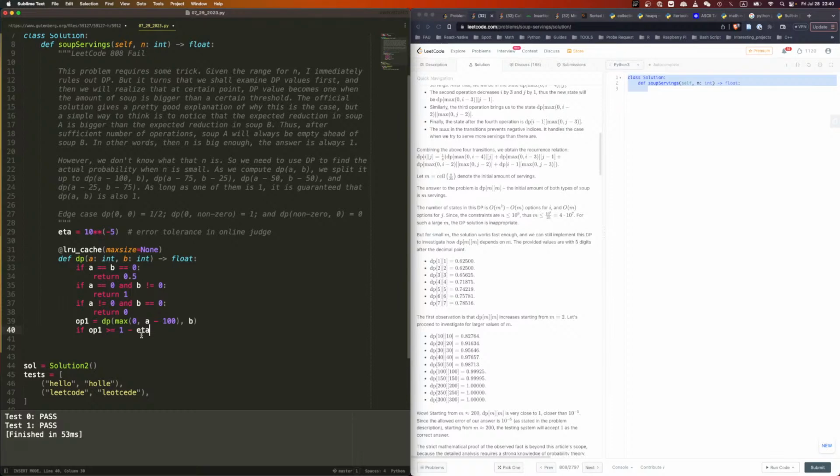Yeah, basically 1 minus this is smaller than eta. I wish I did this. 1 minus op1 is smaller or equal to eta, then we return 1.